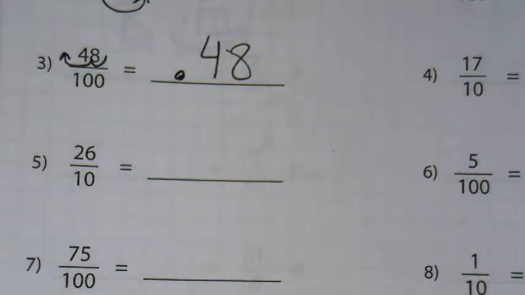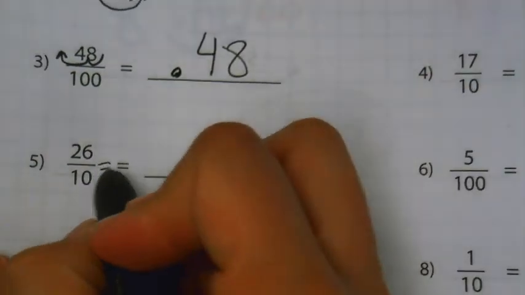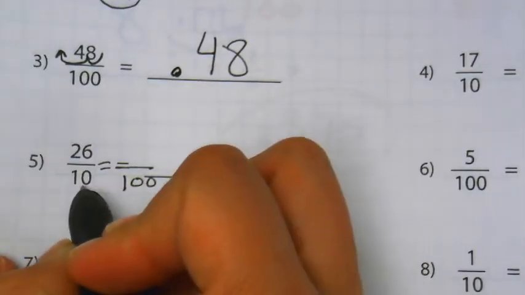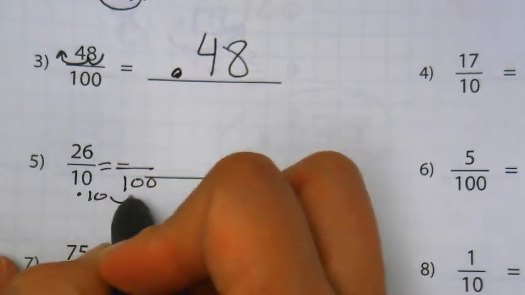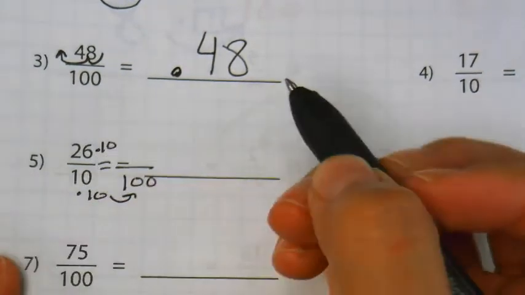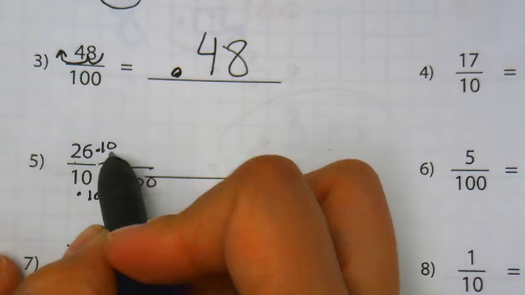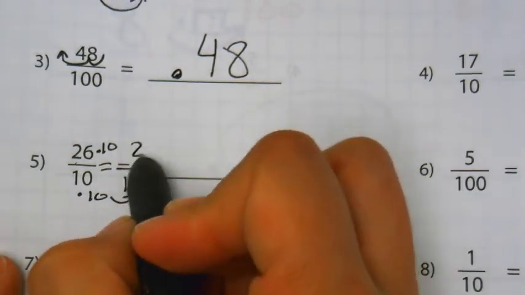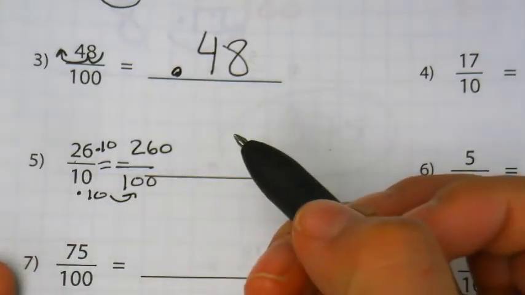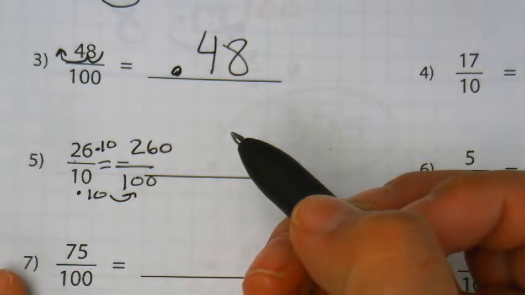All right, so we set it equal to 100, and we know 10 times 10 is 100, so I multiply the top by 10. What's 26 times 10? 260. Do you guys know the shortcut about multiplying by 10? What's the shortcut? Steal the 0 and give it to the top. Oh, steal the 0.